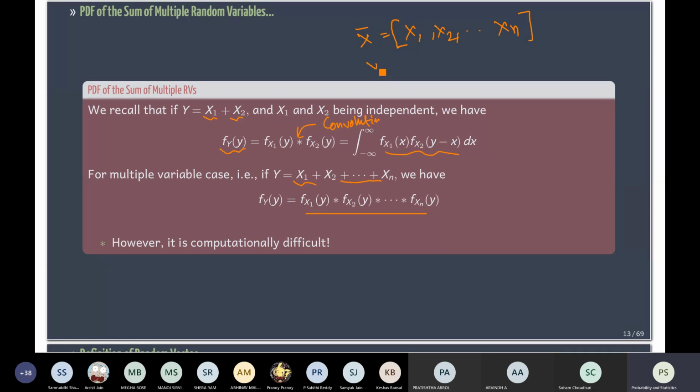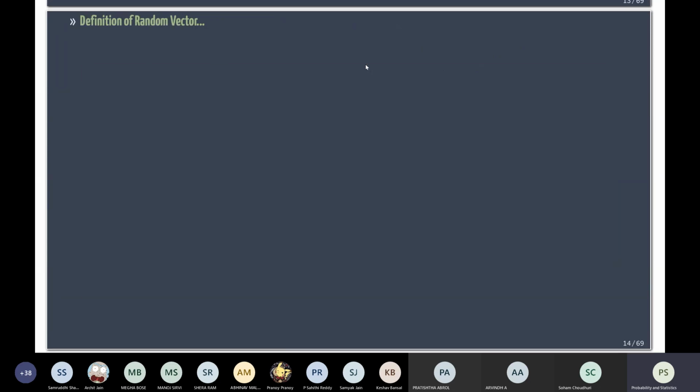Similarly, I may have another vector which contains another set of n random variables. So I may extend this to a vector of random variables. That's the next concept we want to cover. We started from a single variable, double variable, then multiple random variables, and now we are going even further and creating vectors of random variables.